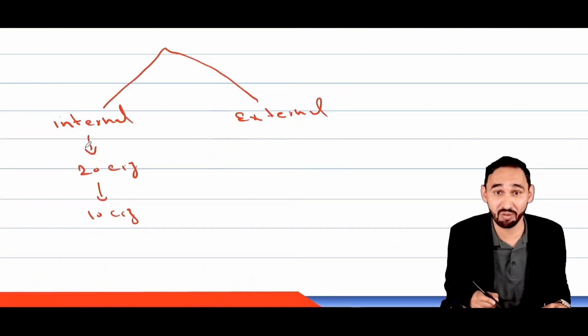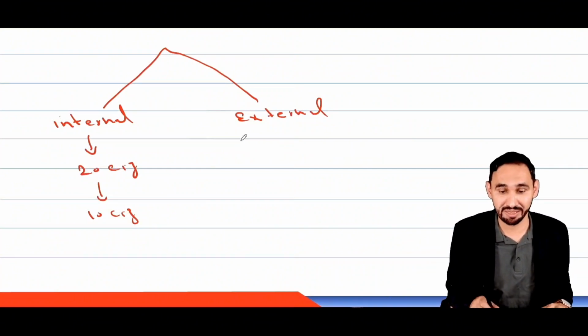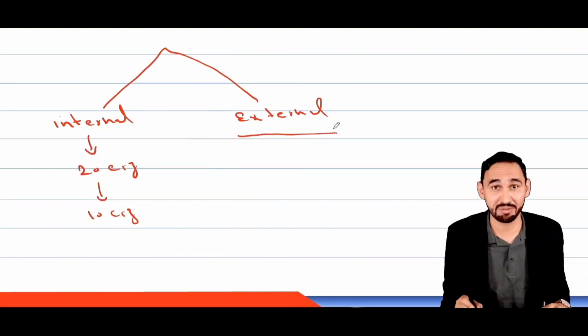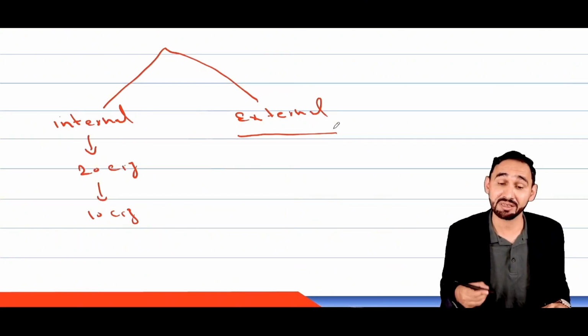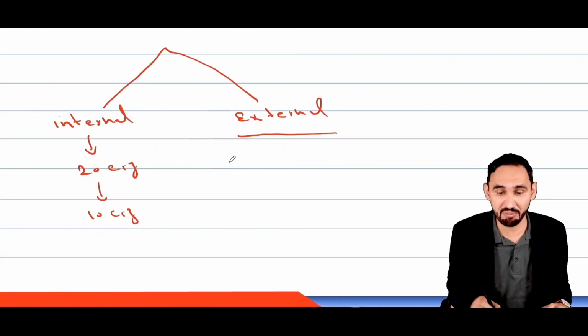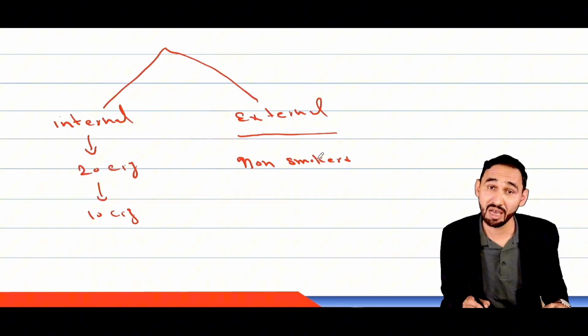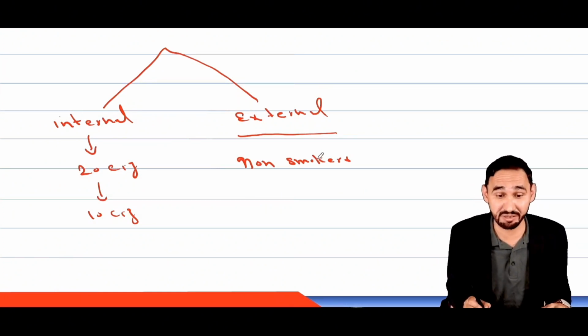Those who are less exposed are taken as the comparison group. Then we can take external comparison. Sometimes internal comparison is not possible. So we have to take external comparison, like we compare smokers with non-smokers. We'll see how many smokers develop the disease, how many non-smokers develop the disease.